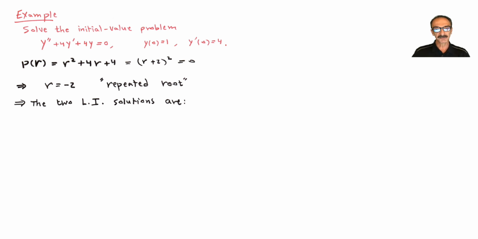The two linearly independent solutions are, you know, the first one: minus 2 goes for r, e to the power rx. Let's take a look. Yes, when it's repeated, do you remember I was pointing to the x's: x to the power 0, x to the power 1, x to the power 2, all the way to x to the power m minus 1.